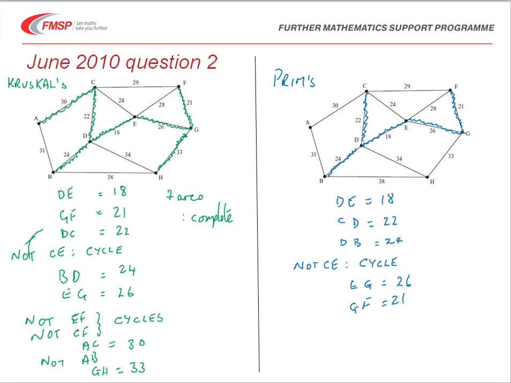We then go through a series of arcs which are going to produce cycles. We've already rejected CE, but now we can look at EF and CF. So EF and CF would both produce cycles.